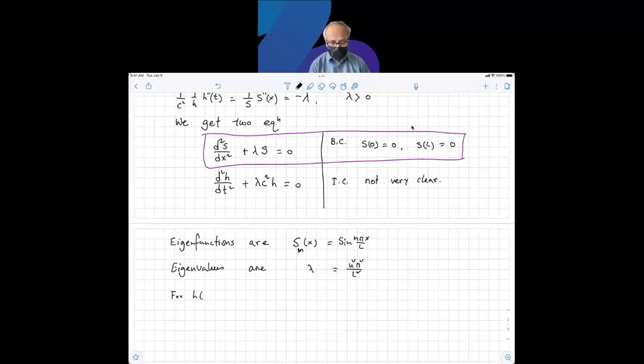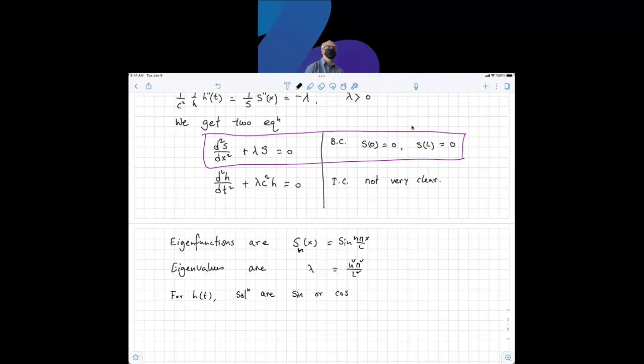Now for h of t, it is still a second order boundary value problem. Solutions are sine or cos.